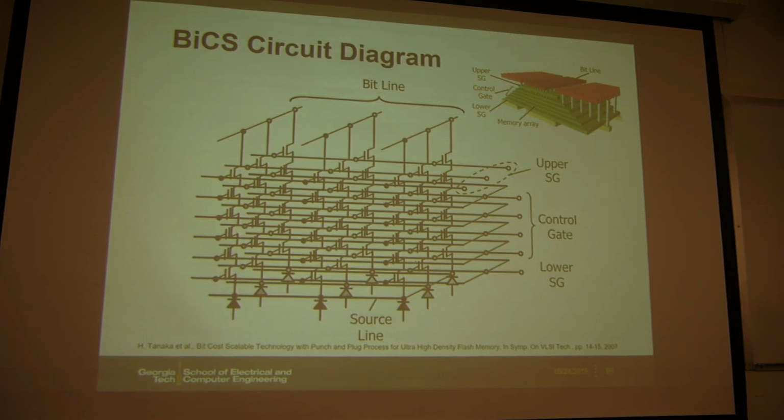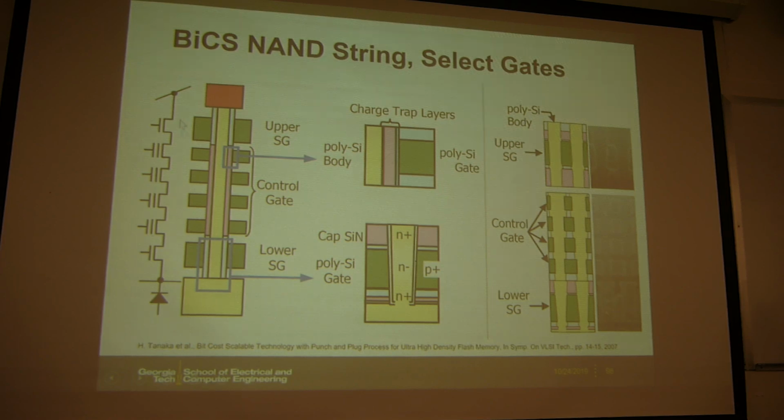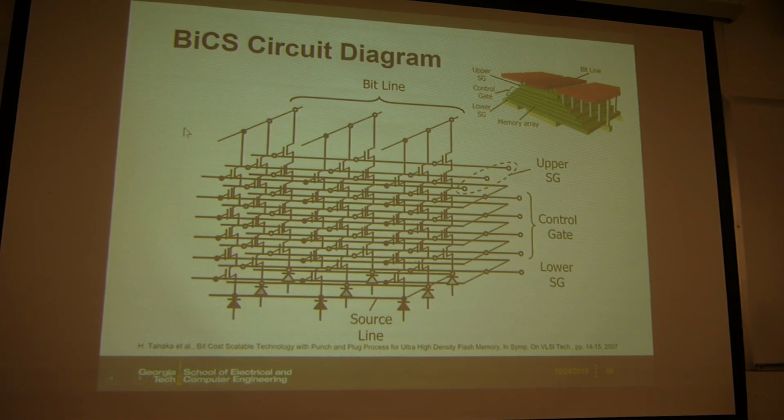And then you need to understand the 3D circuit diagram like this, because for that array, if you draw the circuit schematic, it will be something like this. So here, in the previous slide we showed one string, and now you need to organize those strings into this 3D array.